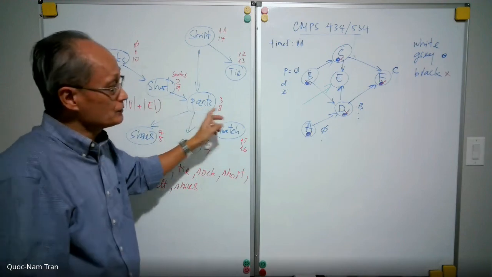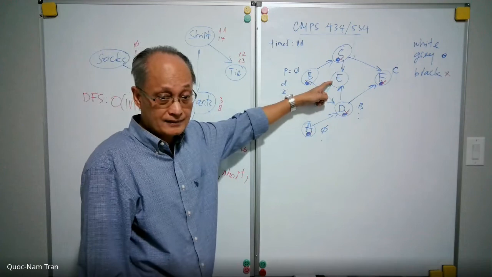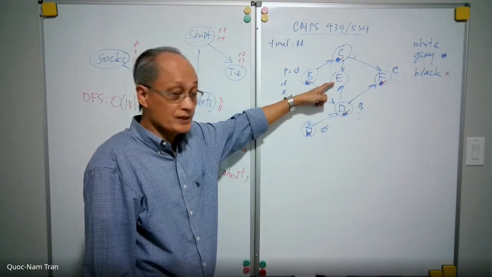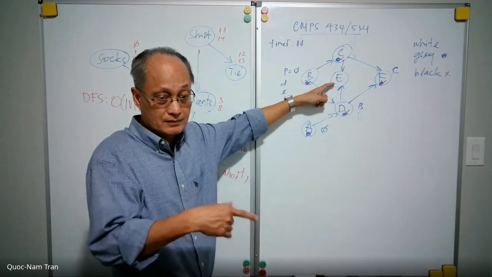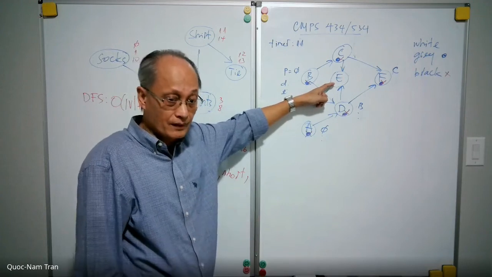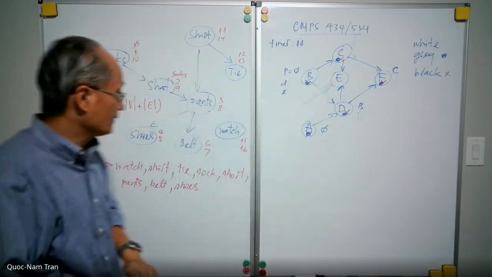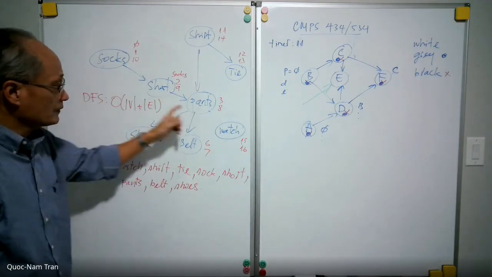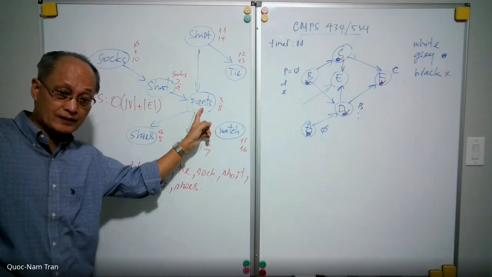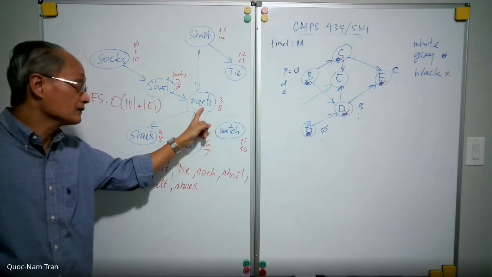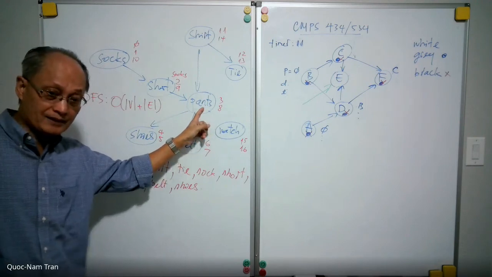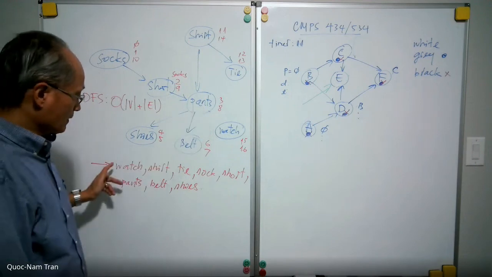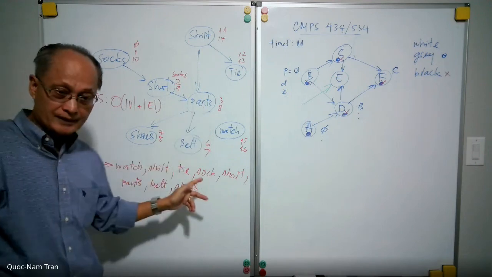That's why I asked you to run this algorithm again starting from E. Also, what will happen if I run the DFS starting from another vertex?